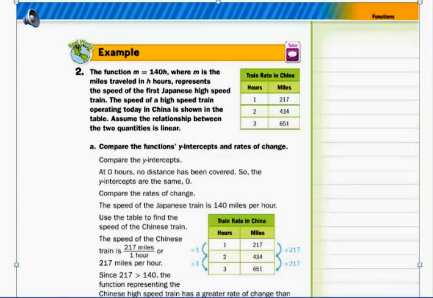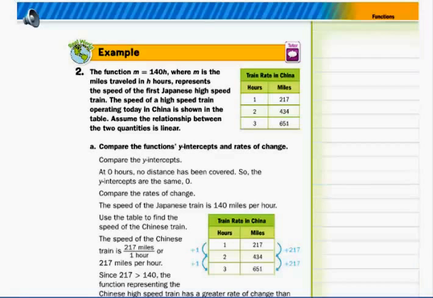Done. All right, so the function, example 2. M equals 140h, where m is the miles traveled and h hours represents the speed of the first Japanese high-speed train. So there's a lot of word problems in this. Lots of word problems. So do your best with that, those of you who hate word problems, which are the majority of you.